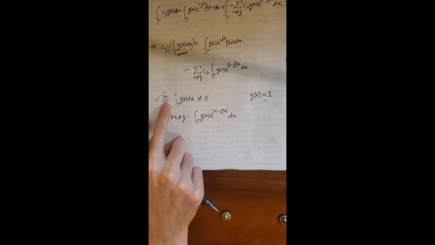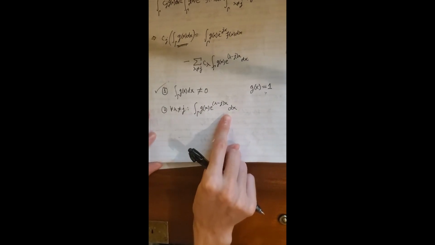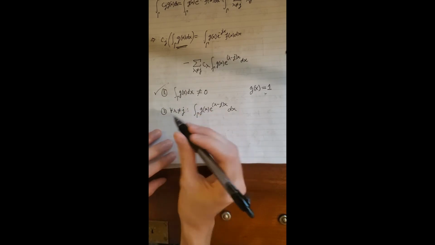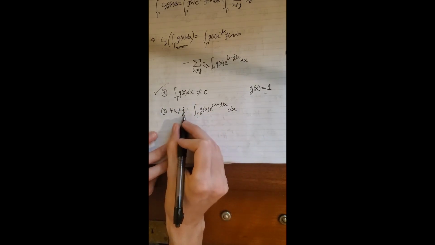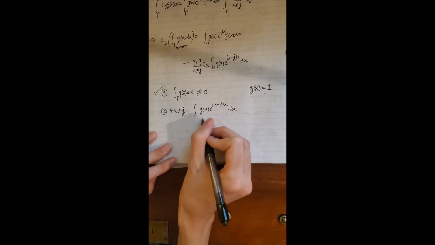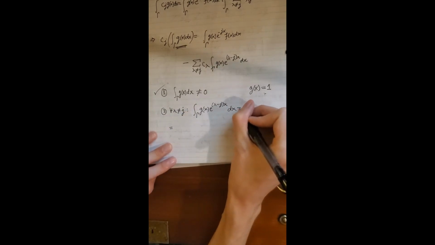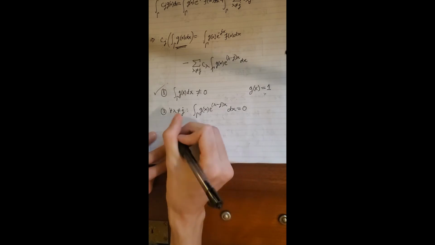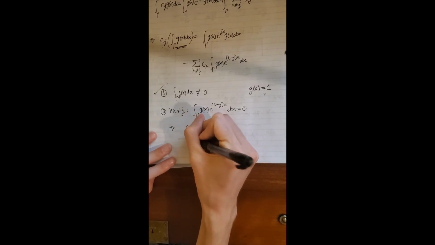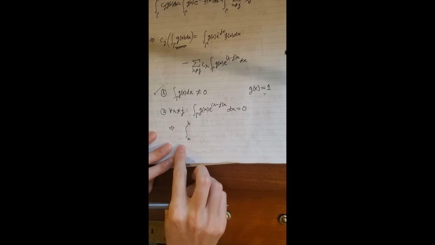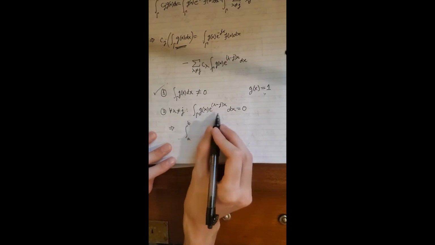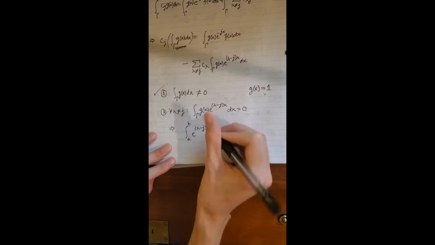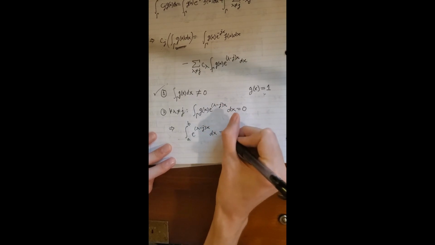So this satisfies the first condition. Now we can look at the second condition. So g of x is 1. Gamma is some integral from a to b. And lambda is not equal to j. So this has to be equal to 0. I didn't write that down, but I said it. And what that means is that we have some contour integrated over this function here, g of x is 1, and this is just going to be e to the lambda minus j x dx, and that needs to equal 0.